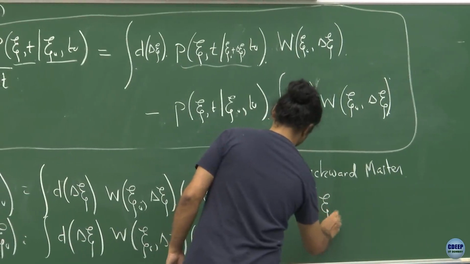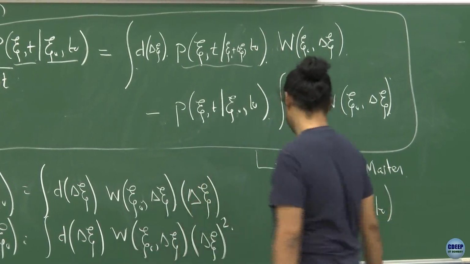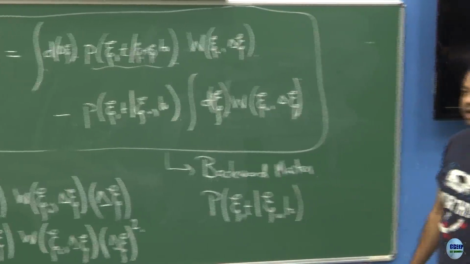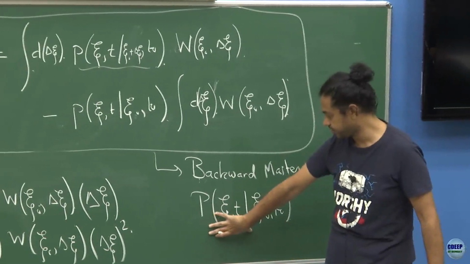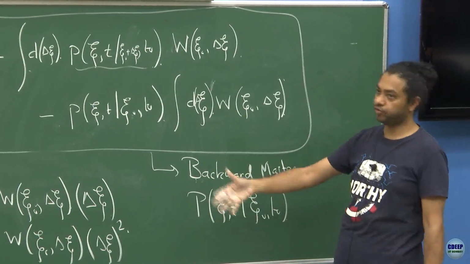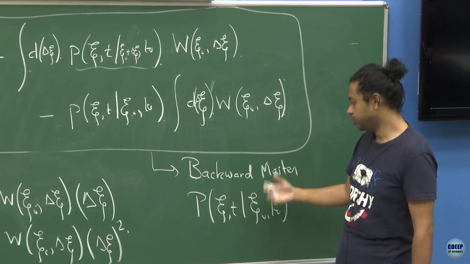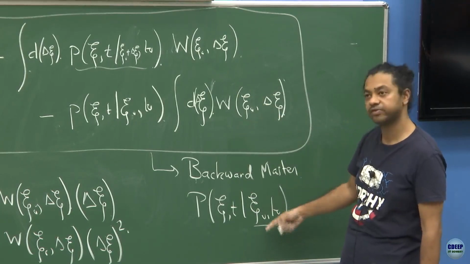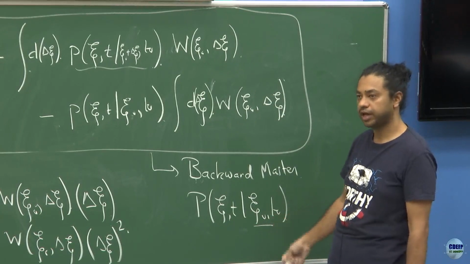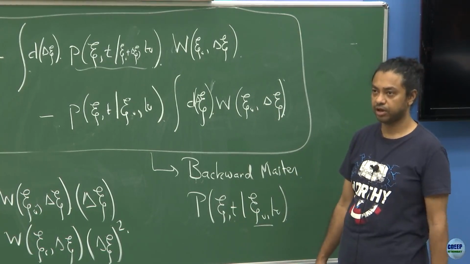P of psi t given psi naught t naught, right? And I am asking how does this change with time? But the quantity that I am looking at is this in both the cases, both the forward and the backward. Then the way I look at it is different in these cases, but my initial condition in both of these cases is this, that I start from psi naught t naught and I have to reach the state psi after some time t has elapsed.